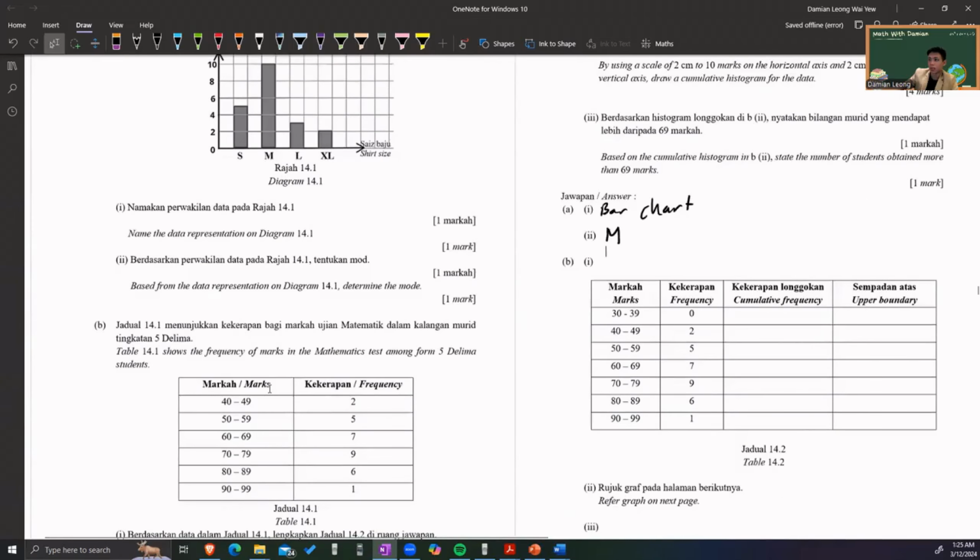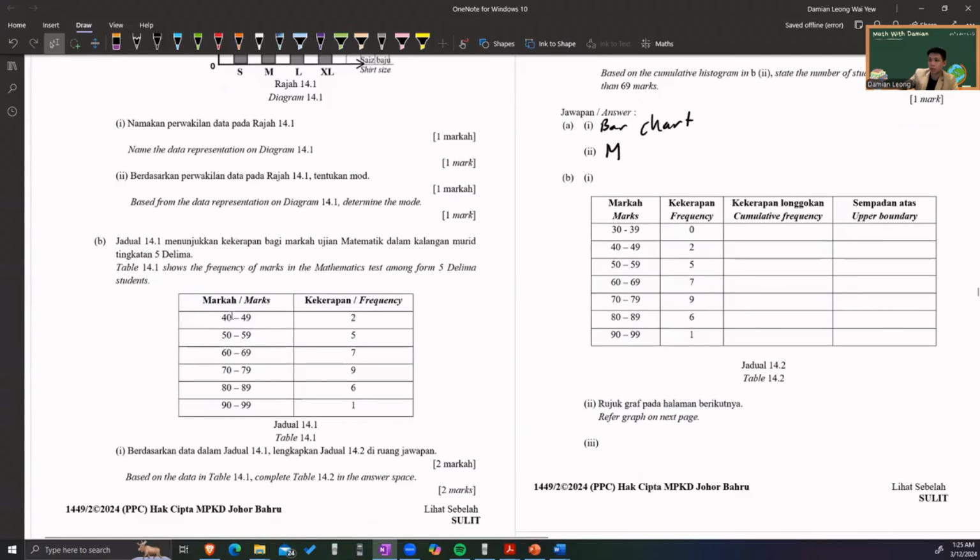Then part B, I have the frequency table here. We're going to fill in this cumulative frequency table with upper boundary. So just accumulate the frequency. We start one interval below, that's why it starts from 0. Then 2, 2 plus 5 is 7, 7 plus 7 is 14, 14 plus 9 is 23, 23 plus 6 is 29, 29 plus 1 is 30.